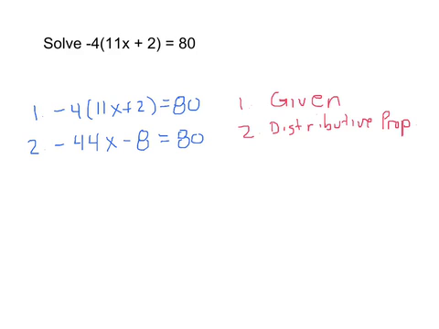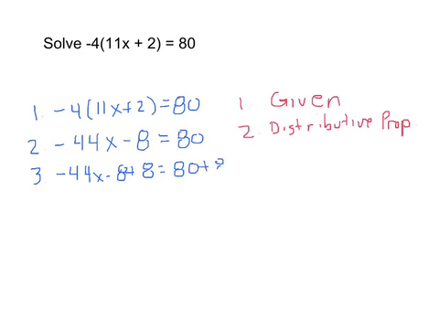Okay? Let's go ahead and add 8 to both sides. Now, there's a lot of discussion about whether you need to show the add 8 step or you can go ahead and just write the new statement. I'd like you to go ahead and show it because we know this next step is true because of the addition property.